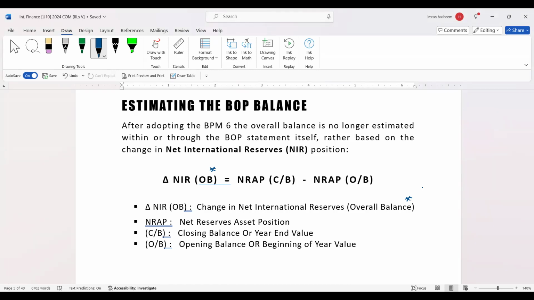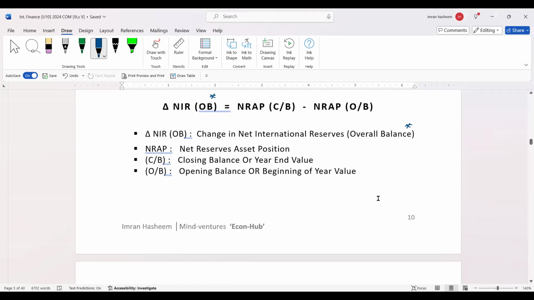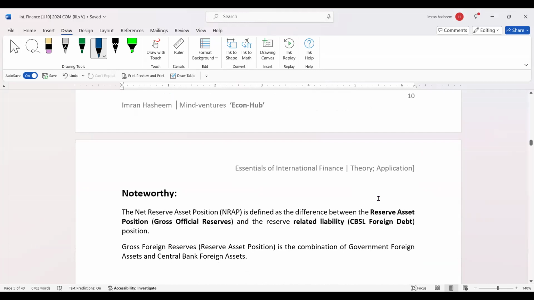Now the question you guys have to ask is, how do we calculate the net reserve asset position? That is done based on a small table, which I will be referring to in the annual report. We'll do that now, okay?